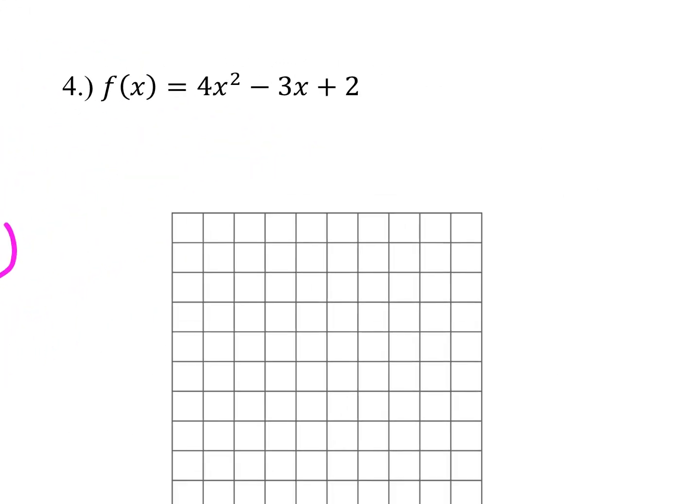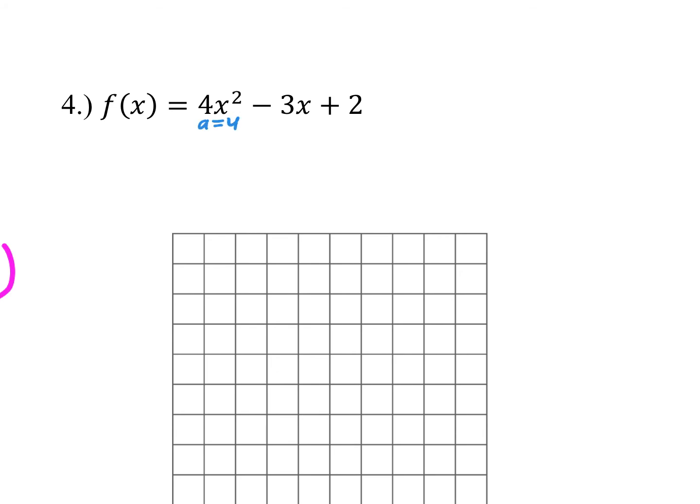Okay, another one like that. A is 4, B is negative 3, so negative 3 over 2 times 4 gives me 3/8. That's the x coordinate of your vertex.